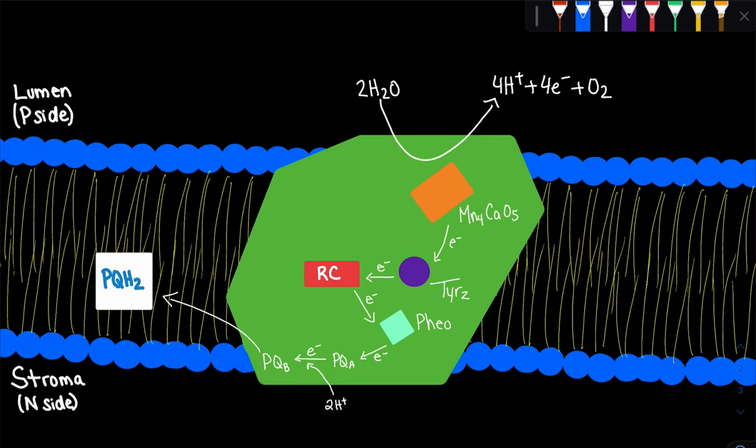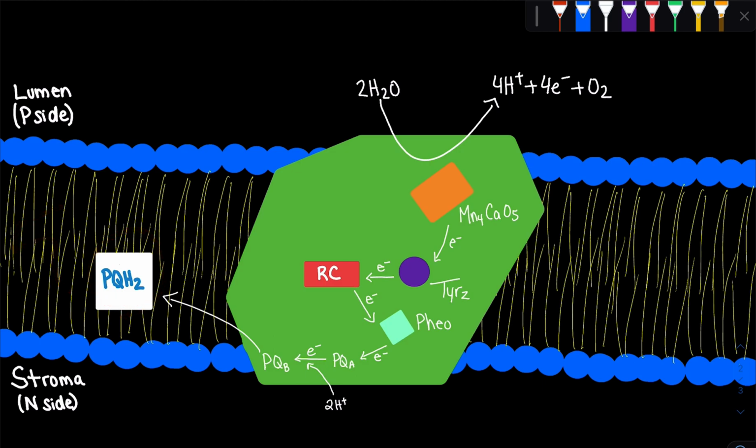PQB, when it picks up 2 electrons, is also going to pick up 2H+, and it's going to be released into the membrane as PQH2. So essentially, this process has to occur 2 times because plastoquinone needs 2 electrons, and then it's going to get released, and it's going to go on further to another complex.